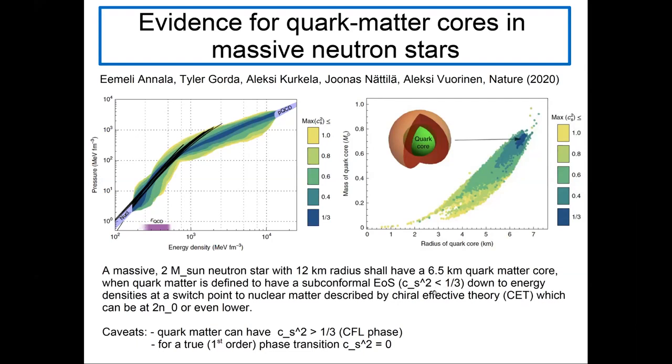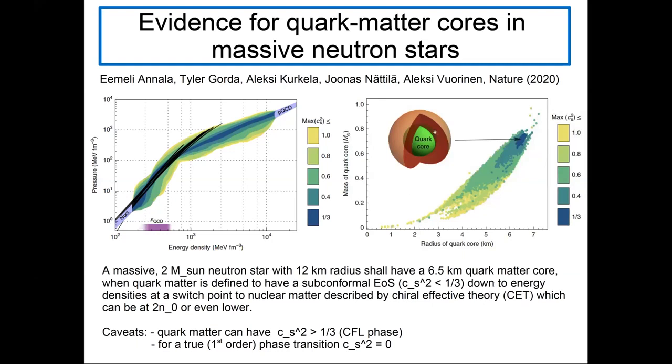Now what they do is they extrapolate or interpolate from the perturbative QCD to the region where we can extrapolate from nuclear, and one can then define matching points. And one of such matching points could be, for instance, at about twice nuclear matter density.